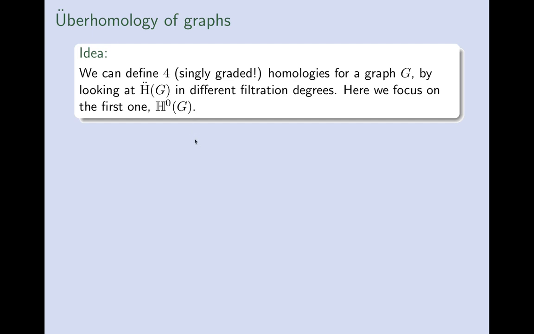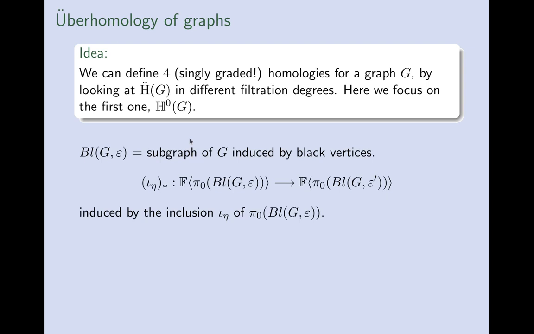Well, I give first of all an alternative description for it, and then we'll see some computations. So if we have an epsilon colored graph G, we can define its black subgraph as the subgraph spanned by black vertices, meaning that if you have 2 black vertices and an edge between them, then the edge will belong to the black subgraph.